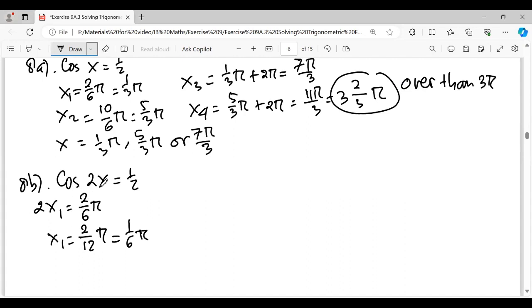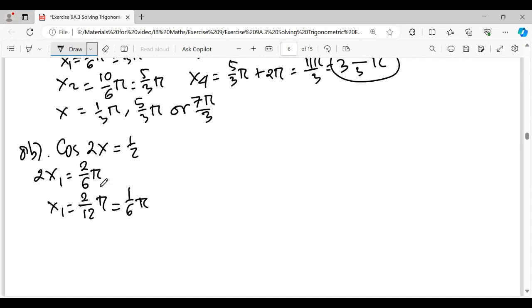And after that, 2x2 equals this one, 10 over 6 pi. So x2 equals 10 over 12 pi or 5 over 6 pi.